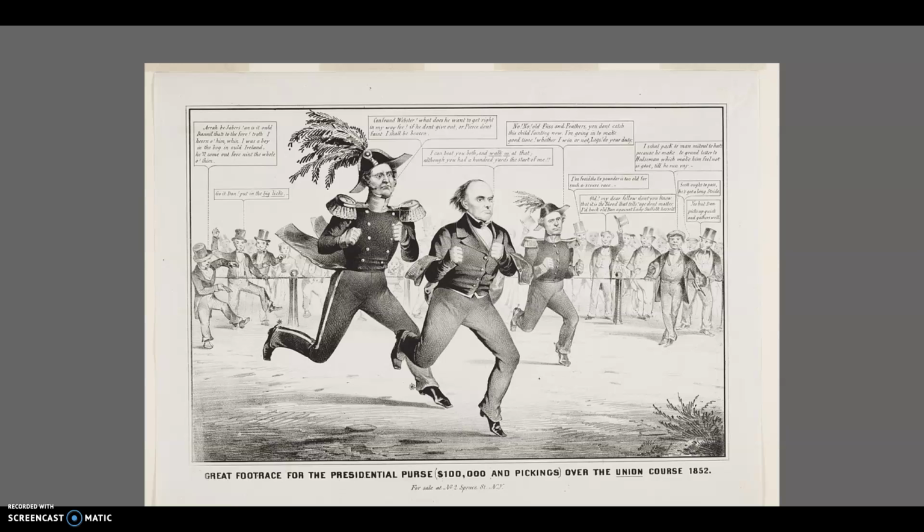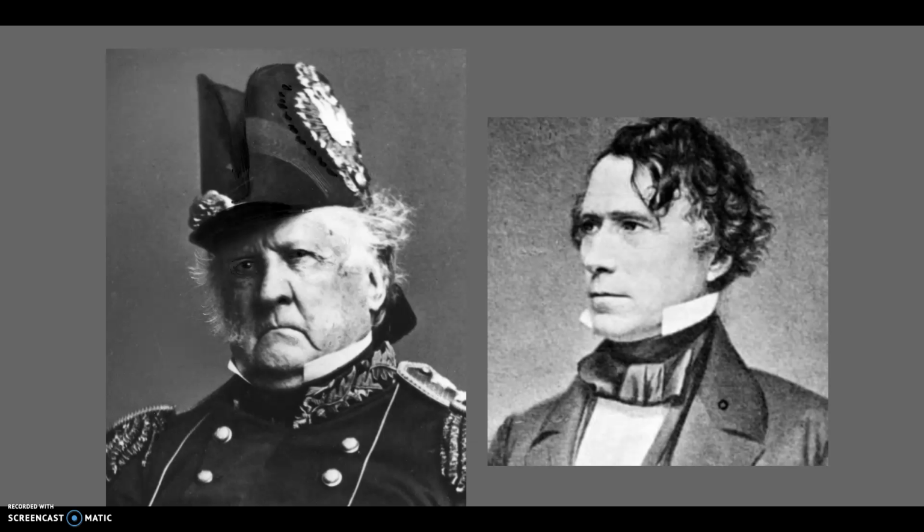Another event that occurred in this time was the election of 1852. We can see the political cartoon here depicting Winfield Scott and Franklin Pierce. Winfield Scott on the left was from the Whig Party, and Franklin Pierce on the right was from the Democratic Party.